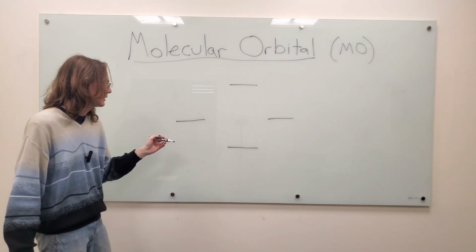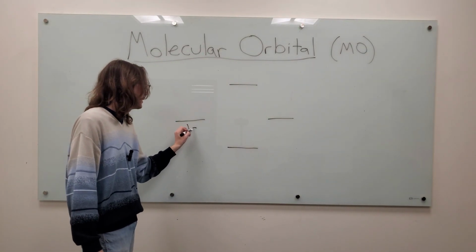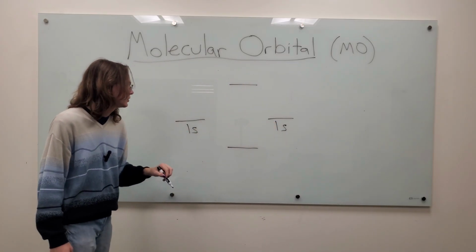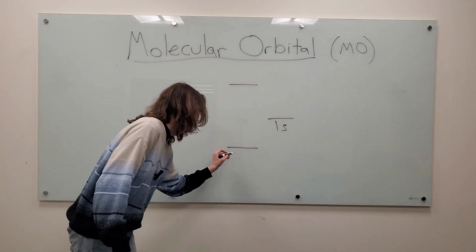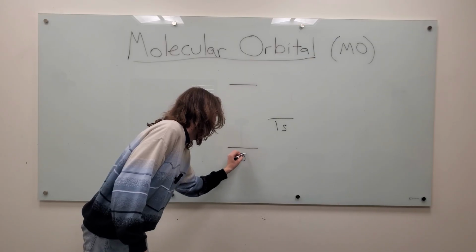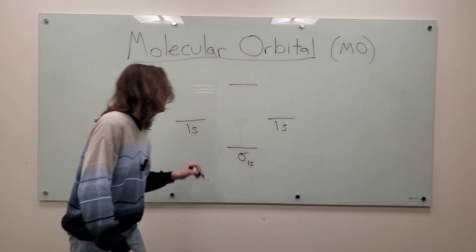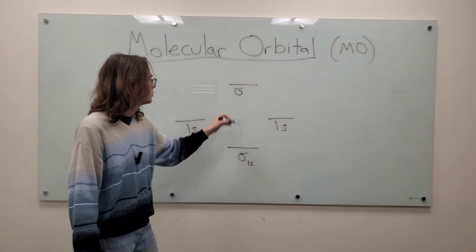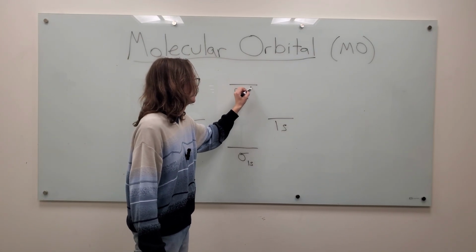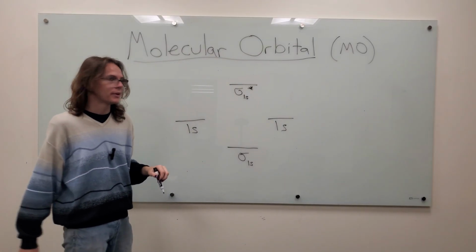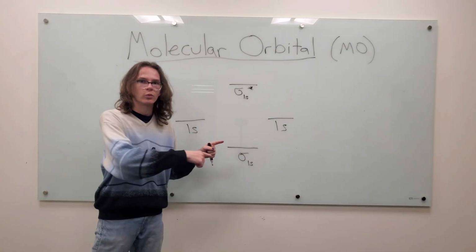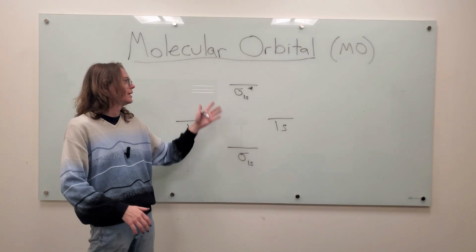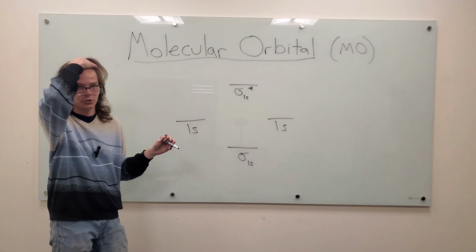If we take, once again, the simplest molecule, hydrogen, each one of these hydrogens will have these 1s atomic orbitals. And they can combine to form this sigma 1s bonding orbital and a sigma 1s anti-bonding orbital. Recall that when we combine these, the bonding orbitals are lower in energy, and the anti-bonding orbitals are higher in energy.